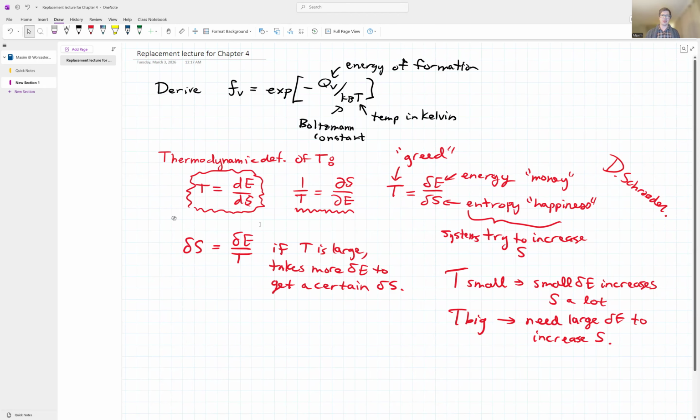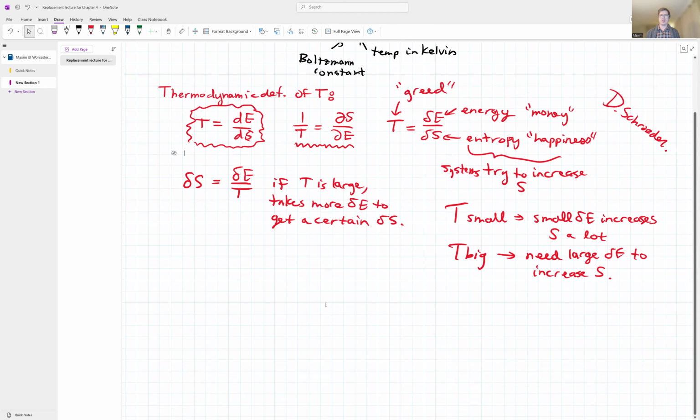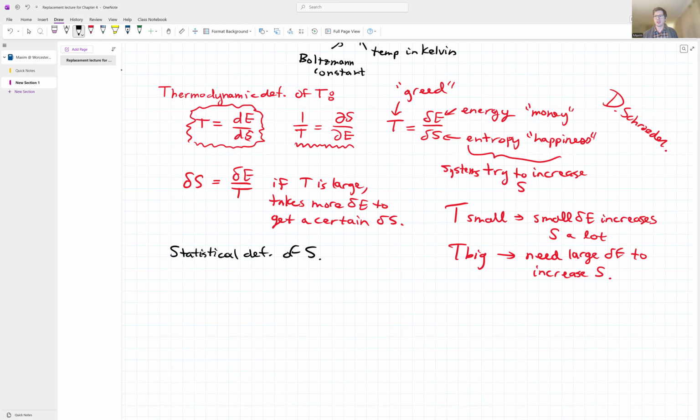And the other important thing is the definition of entropy. So that's the other important concept, the statistical definition of entropy. This is probably due to Boltzmann. I think this equation I'm about to write is, I believe, engraved on his tombstone. So S is equal to the Boltzmann constant times the log of capital omega.